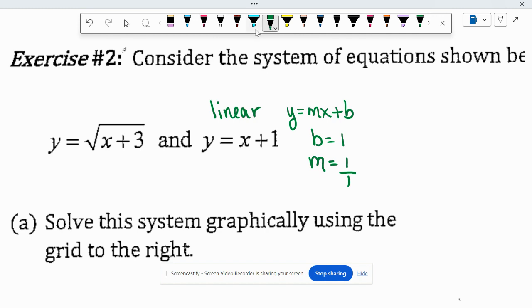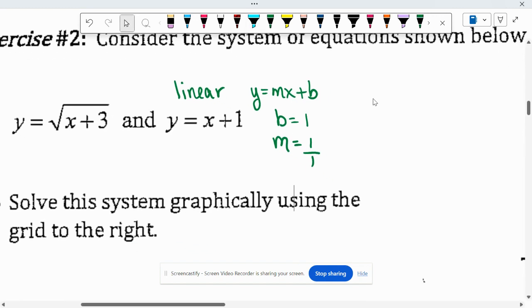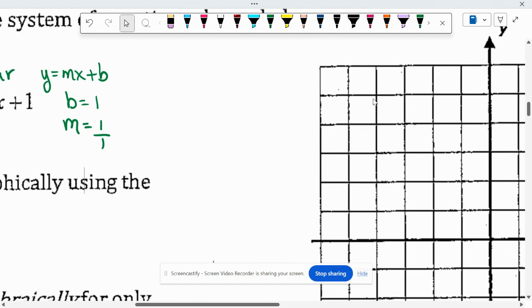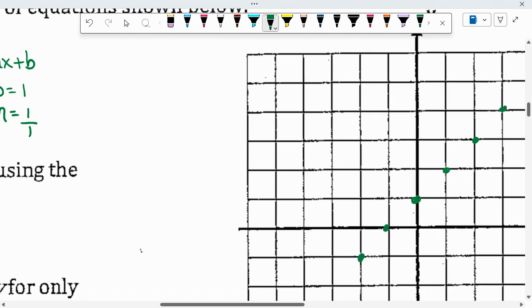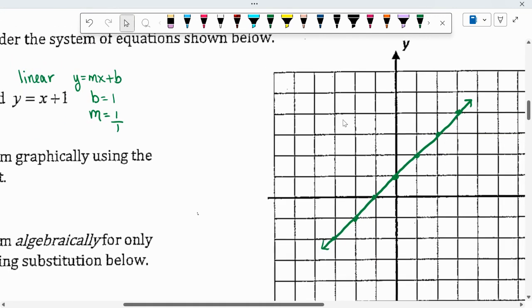I'm going to begin at positive 1, and then from there go up 1 to the right 1, and keep repeating that. I could also go down 1 and to the left, and I'm going to plot those points. So this looks like this. This is my linear function. Are you guys okay with that? I'm pretty okay.